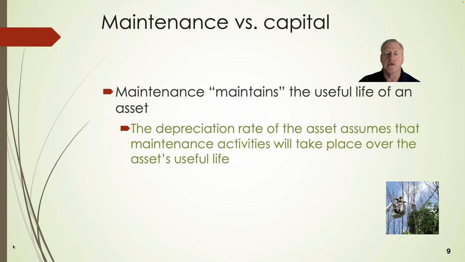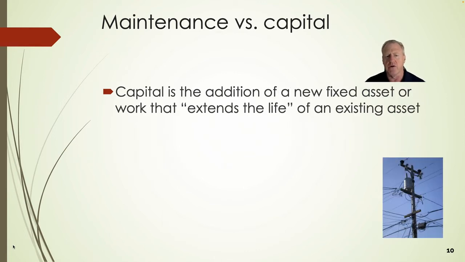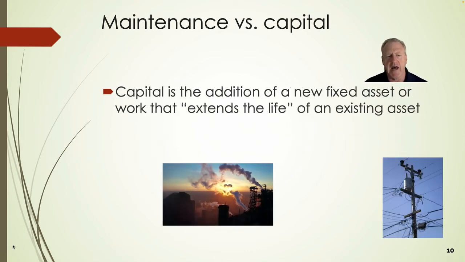So maintenance does what we call maintains the useful life of an asset. So the depreciation rate of the asset assumes that maintenance activities will take place over the asset's useful life. And capital is the addition of a new fixed asset or work that extends the life of an existing asset.